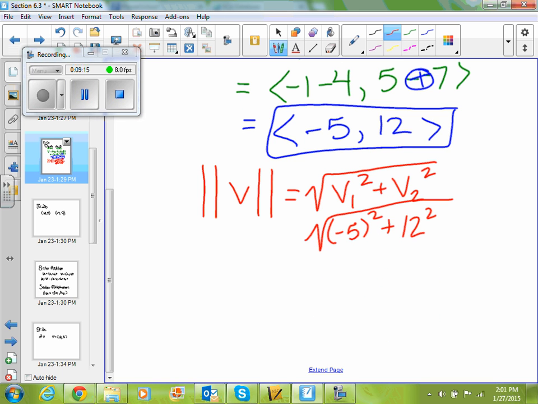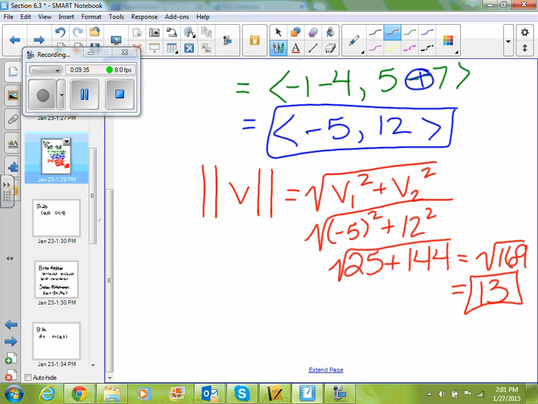Well, -5 squared is 25. 12 squared is 144. 25 plus 144 gives me 169. And the square root of 169, anybody? 13. So my magnitude of my vector is 13.